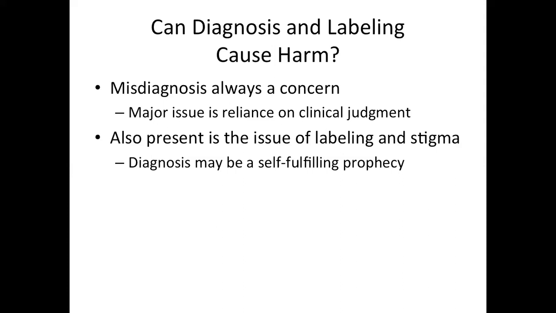What do I mean by that? These students were taking notes on their experience and how the staff related to them. And in the charts, there were comments of excessive note-taking, or if they were walking on the unit, excessive pacing. Now, you would think that after Rosenhan shows that this is not true, these individuals did not have a disorder, they would say, okay, my bad.